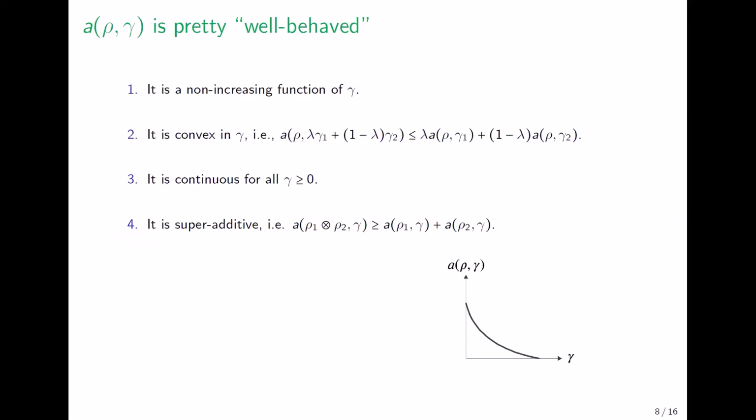One of the reasons is that we use the properties of fidelity or trace distance to do converse analysis, right? One of the properties that, for example, we use to show that this functional is convex is actually the concavity of the fidelity. Because we use the concavity of the fidelity, we obtain that this functional is convex and also decreasing, and we can show that it is lower semi-continuous at gamma equal to 0.